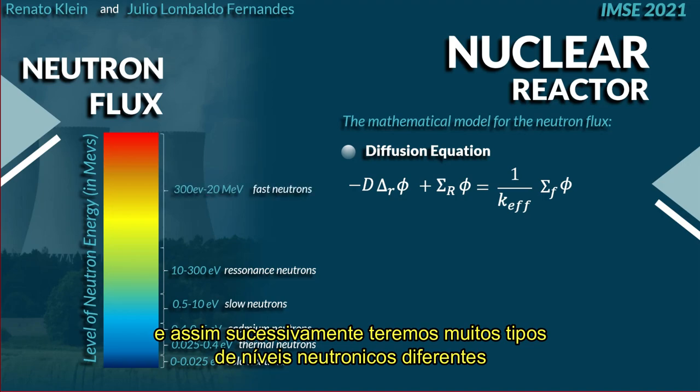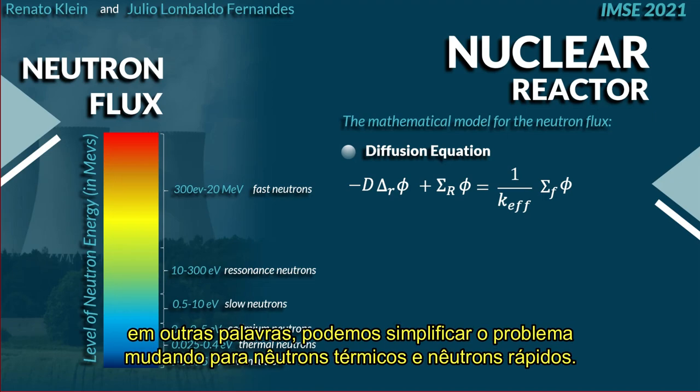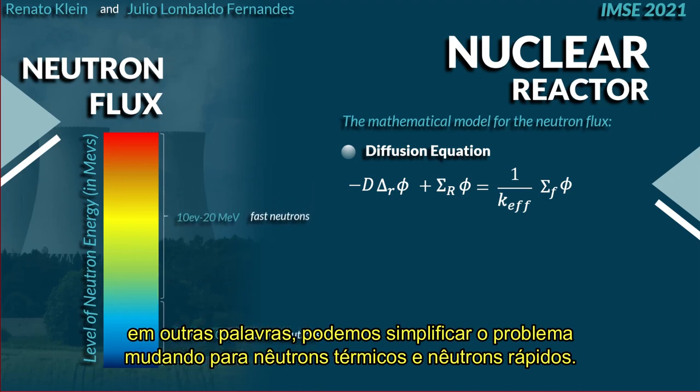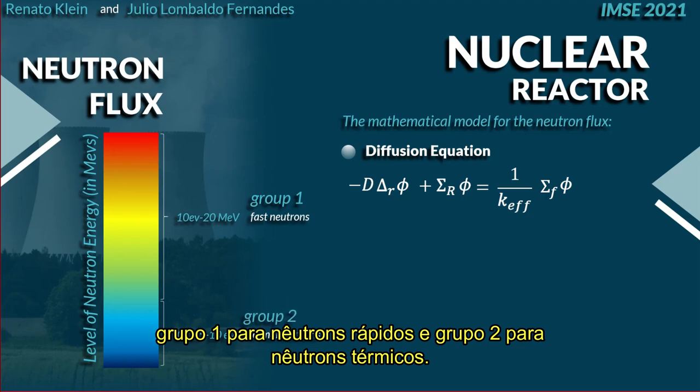We have a lot of kinds of ranges in neutrons, and our problem here is simplified. If we take only two ranges, we can simplify this to fast neutrons and thermal neutrons. We call them group 1 and group 2: group 1 for fast neutrons and group 2 for thermal neutrons.